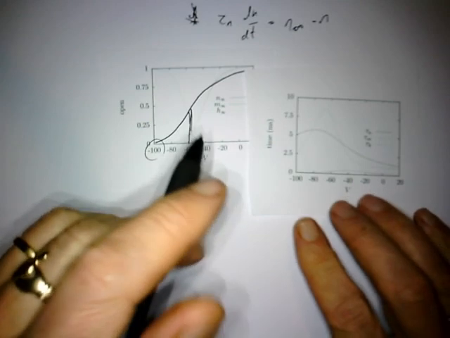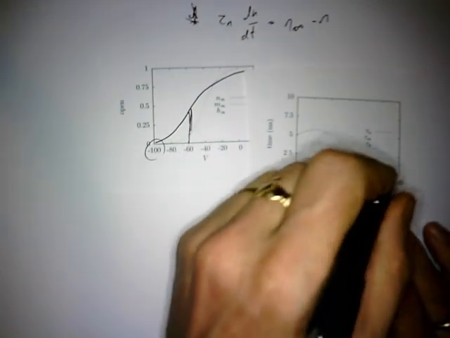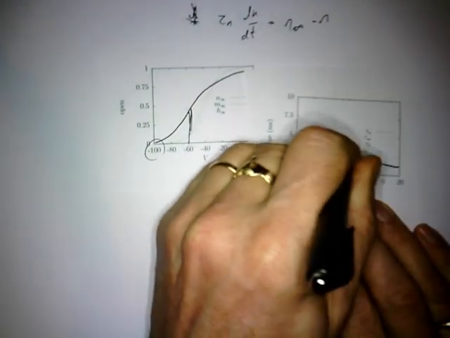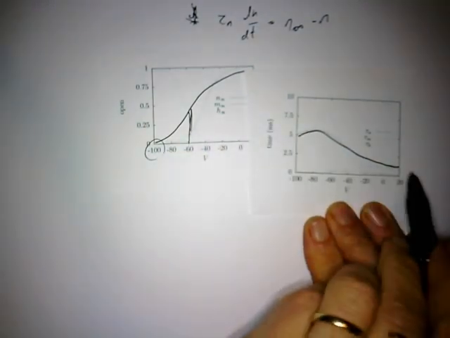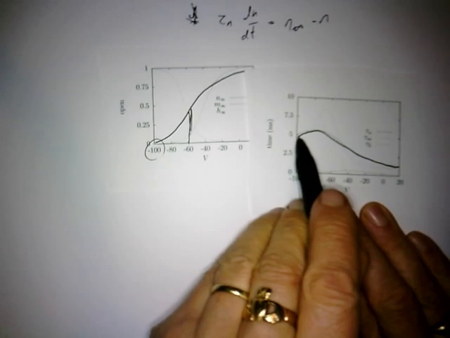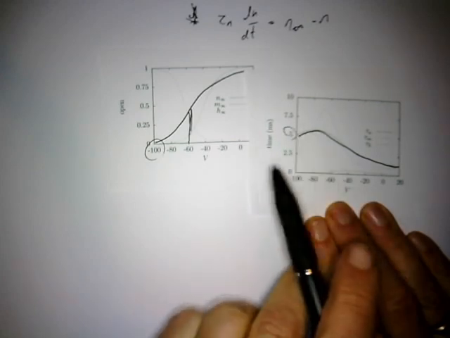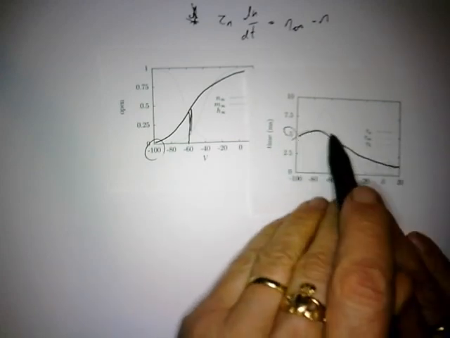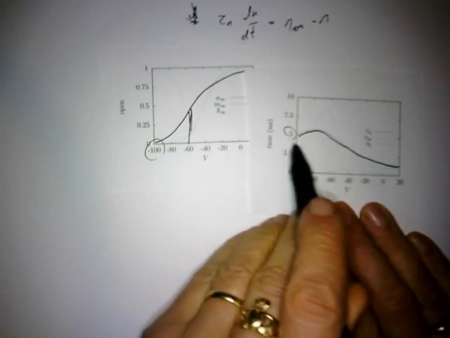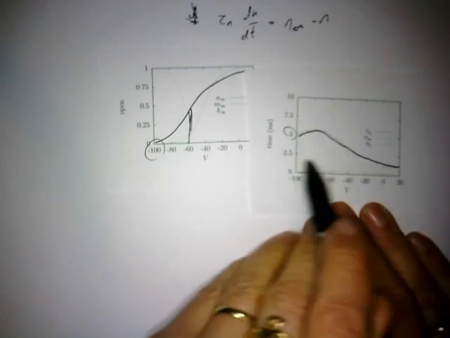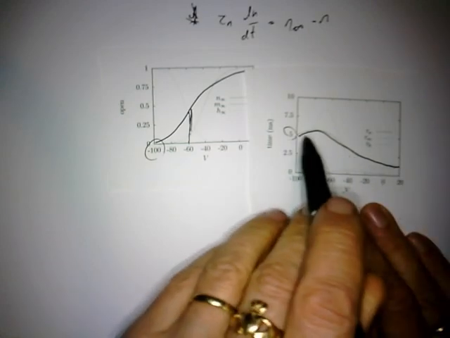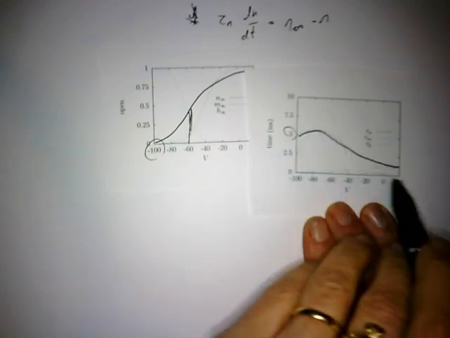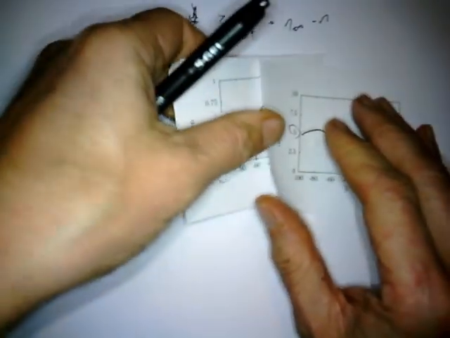You can see that for tau n, which is this line here, things start happening a bit quicker as the voltage gets higher. But 5 milliseconds, which is this value here, is an indicative time scale. So the time scale varies between 2.5, or maybe even 1.5, and 5 milliseconds, and it does get faster as the voltage gets higher. So that's the dynamics of potassium.